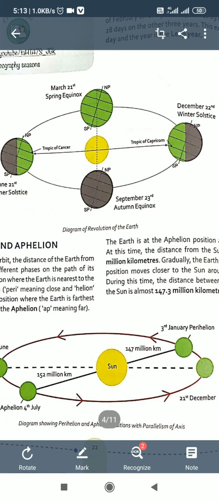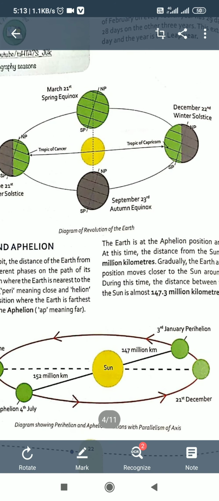The difference in distance between perihelion and aphelion is only about 5 million kilometers, which is quite small if we consider the average distance of about 149.5 million kilometers between the earth and the sun.